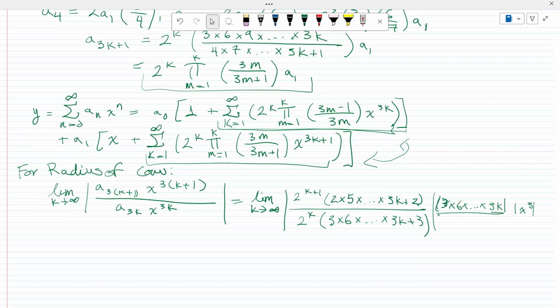Then we also have yet another division for 2 times 5 times dot dot dot times 3k minus 1 down below.